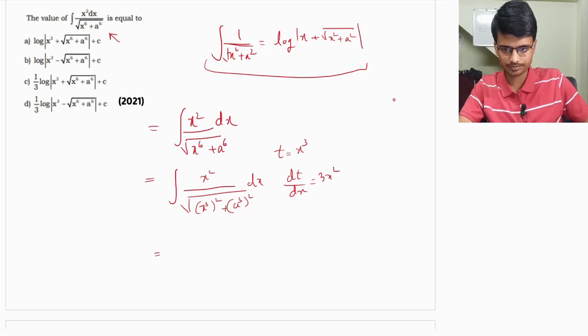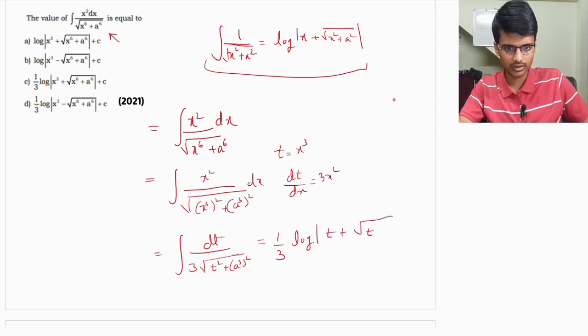So I can replace my x square dx as dt by 3, right? And this as t square plus a cube whole square, dt. So what is this? This is nothing but 1 by 3 log of t plus root of t square plus a power 6, right?